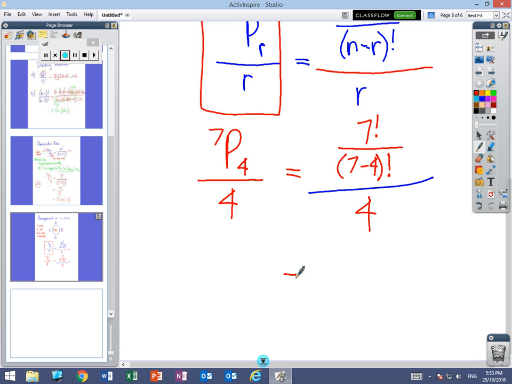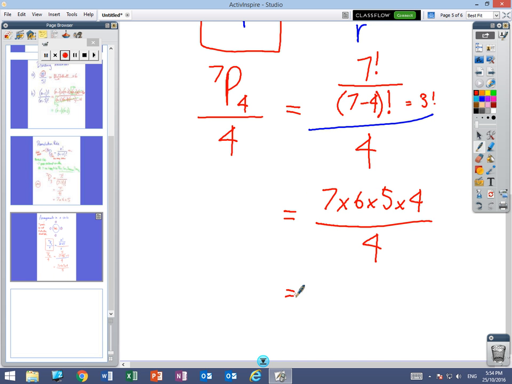Now the top can be represented as, remember that 7 minus 4 equals 3 factorial, 7 times 6 times 5 times 4, divided by 4. And if I crunched all this out, I'd end up with 210. So that's the arrangements in a circle.